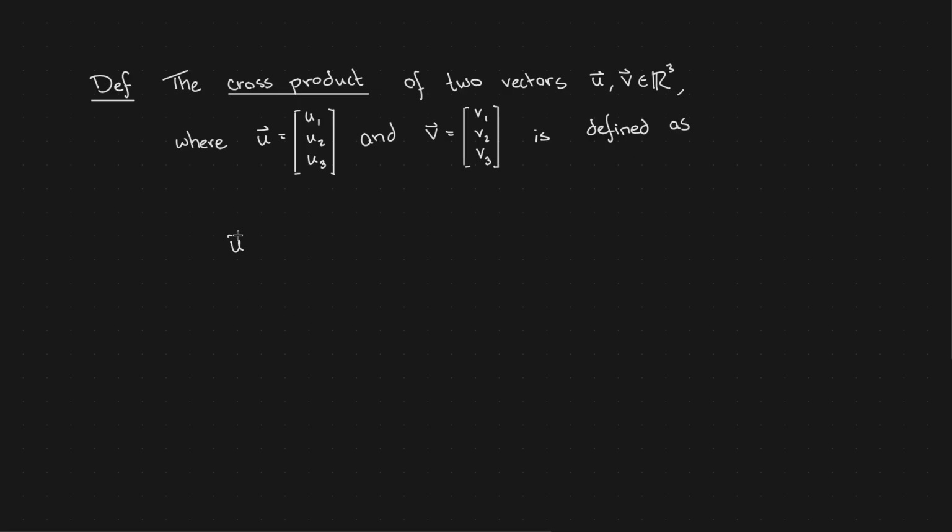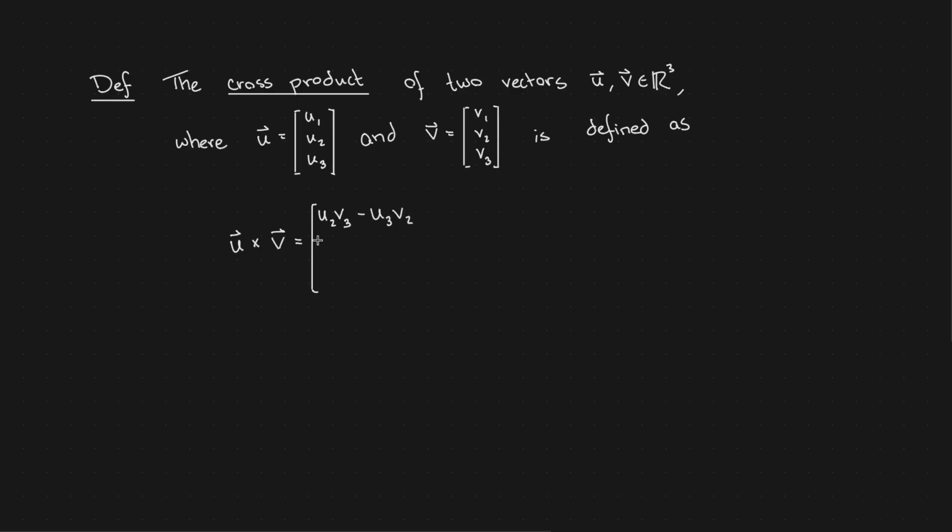so we have u, and then to notate a cross product, we use a cross kind of multiplication symbol. So u cross v is equal to the first component, u2v3 minus u3v2.